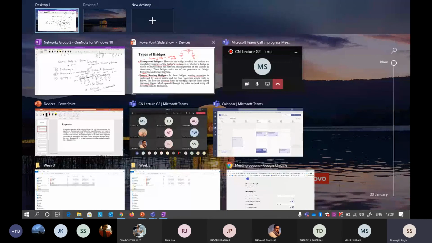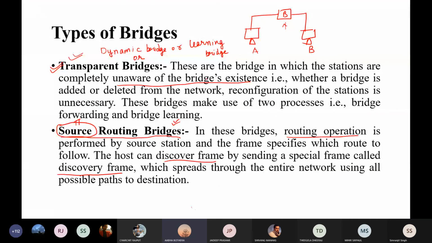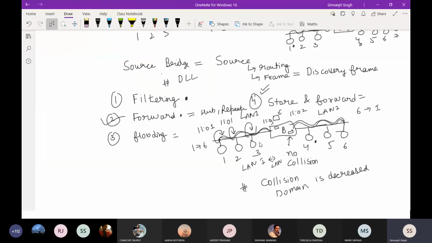While controlling the collision, we will get a delay also, right? Yes, definitely I will get a delay because it can store. If one station is sending a message at 11:01, and station 6 is also sending at 11:01, suppose the bridge receives the messages at 11:01 point some 25 seconds.